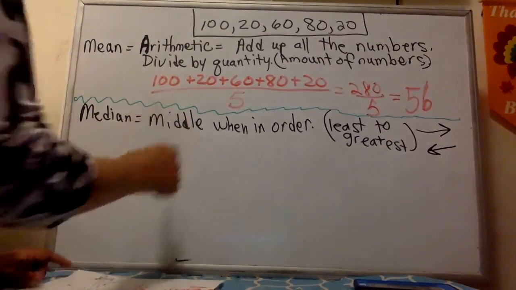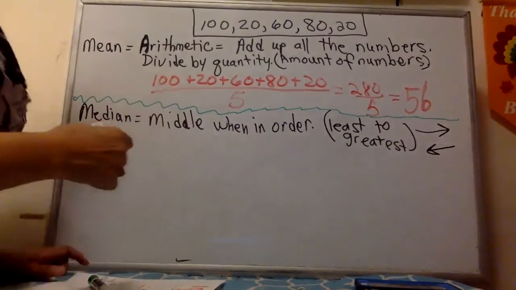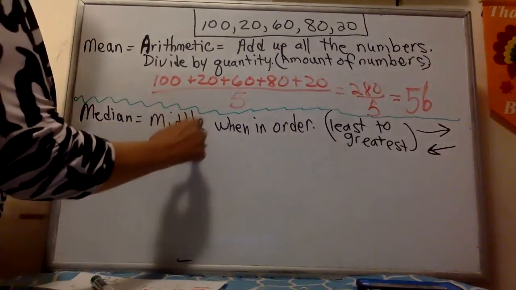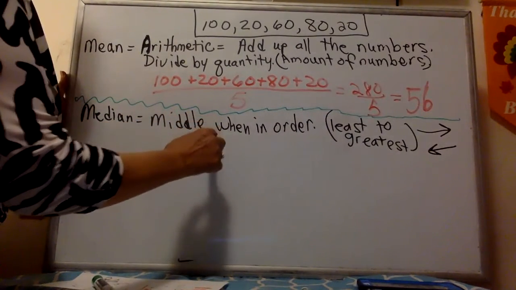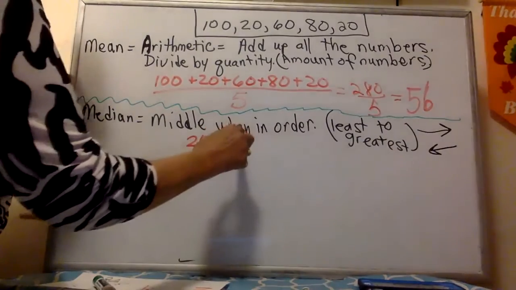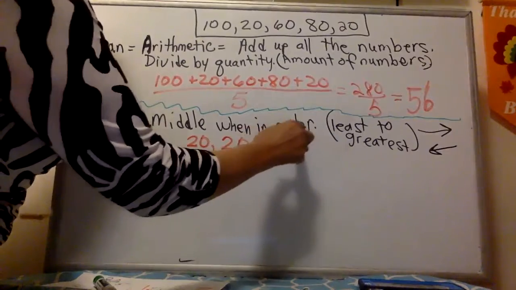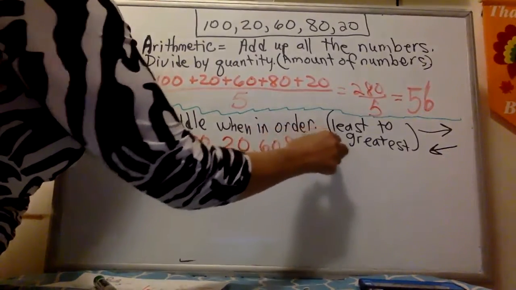So the smallest number here is 20. So we would do 20, and the next smallest number is again 20. And then we have a 60, and an 80, and a 100.